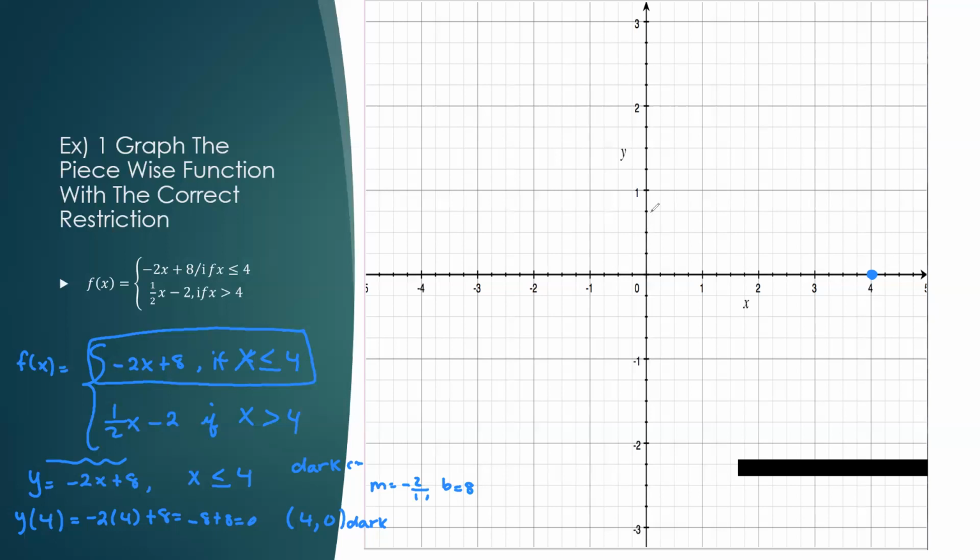So this 1 is really 4, this 2 is really 8, and this 3 is 12, because otherwise it wouldn't work. So our b is 8, starting at your y-intercept. And then our slope is negative 2 over 1, so what you do is go down 2, right 1.